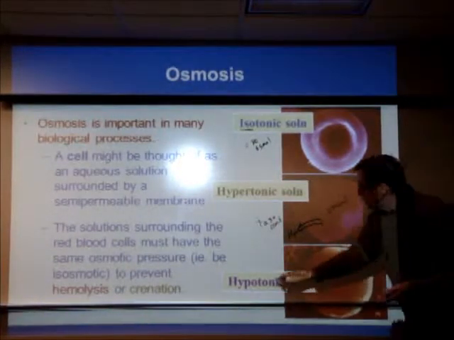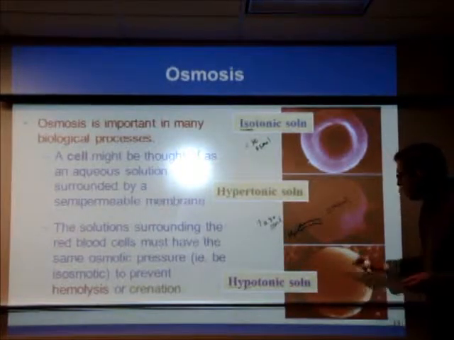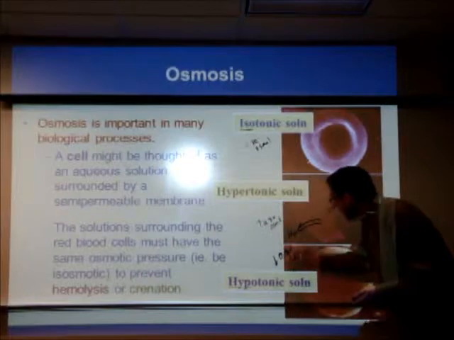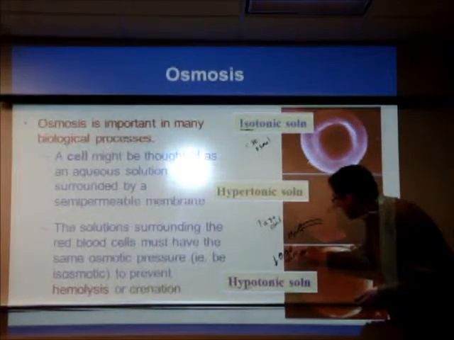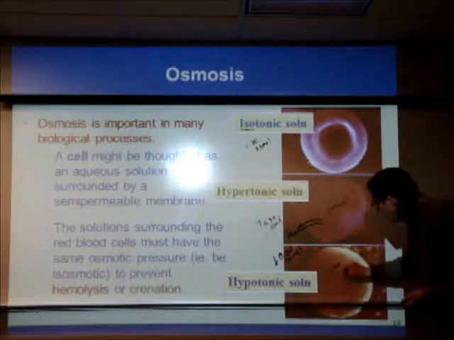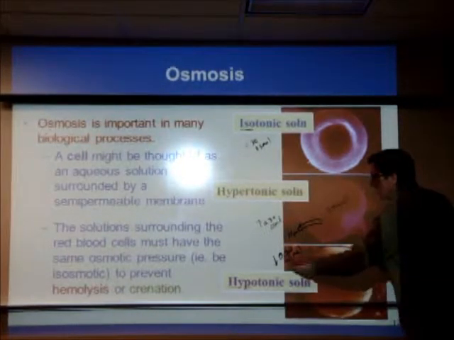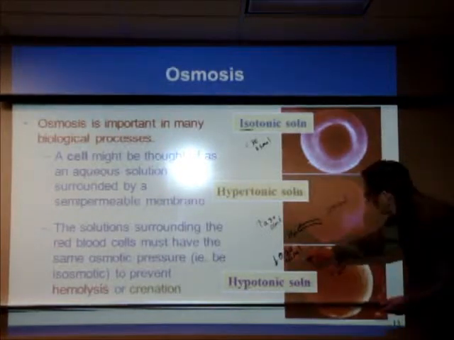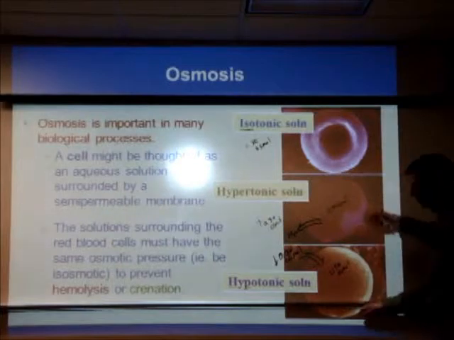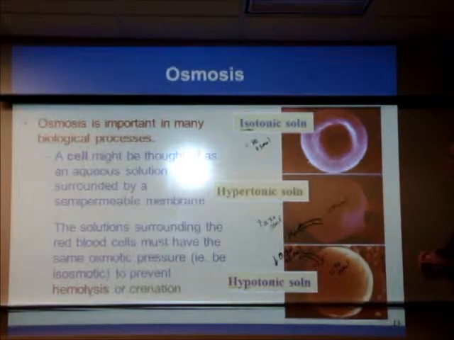If you place it into a hypotonic solution, in that case you have less than 0.3 osmolar on the outside, and it's 0.3 osmolar on the inside. Because it's more dilute on the outside than on the inside, water flows in. You can see this red cell is starting to expand, and it will expand to the point where it breaks.